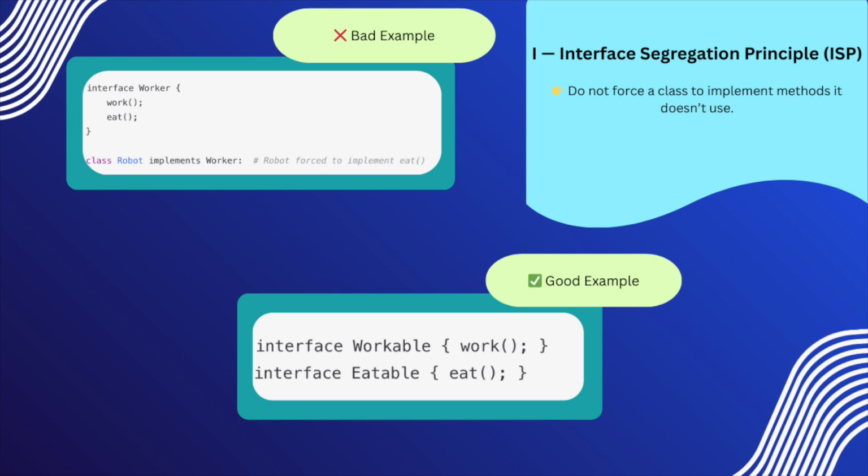A good example will be to split into smaller interfaces. Let's say you create an individual interface Workable that will implement only work, and interface Eatable that will implement eat only. So with Robot we will only implement Workable, because Eatable is not needed.